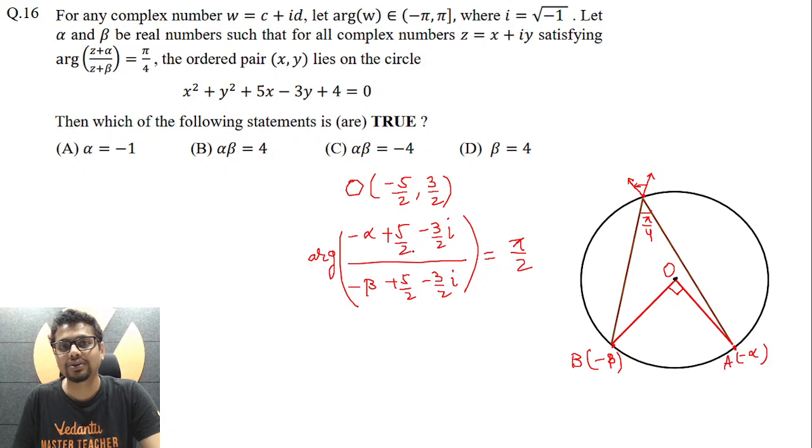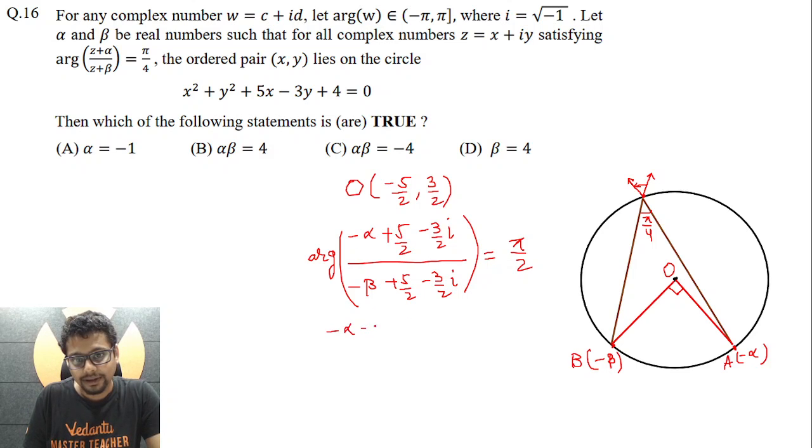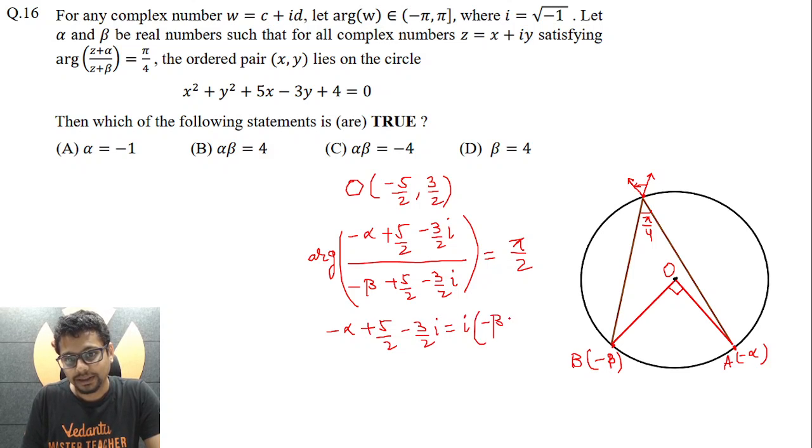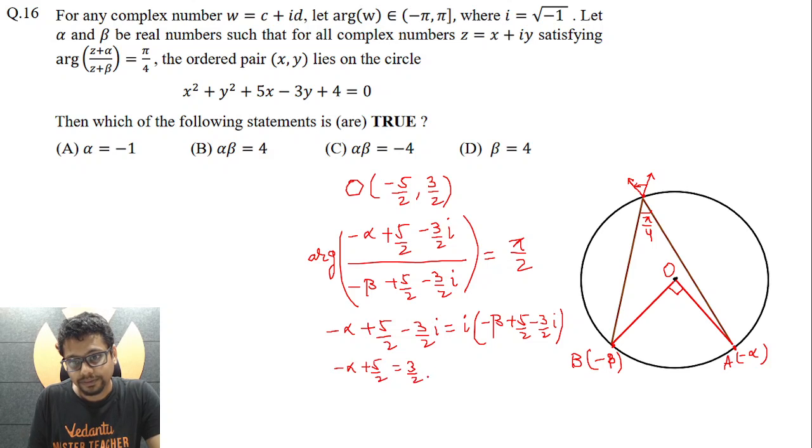It is equal to iota. Why? Because their lengths are the same, so only the argument differs. So here you may say minus alpha plus 5 by 2 minus 3 by 2 iota is equal to iota times minus beta plus 5 by 2 minus 3 by 2 iota. So this essentially means if you compare the real part on both sides, given that alpha and beta are real values, you may say minus alpha plus 5 by 2 is equal to 3 by 2.